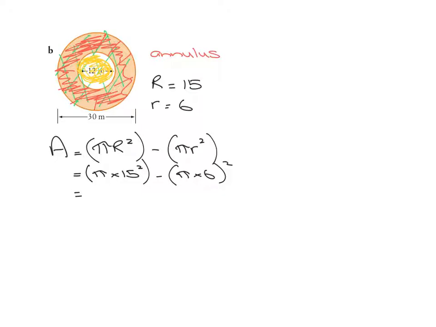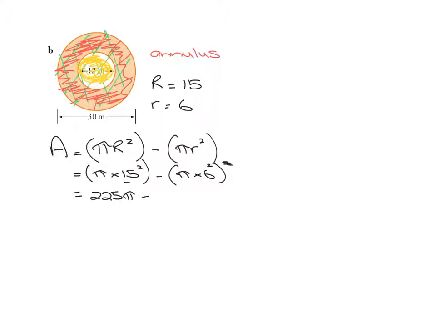Just as a little side extra, you don't have to do this unless they talk about exact form, but 15 squared is 225, so in actual fact that is 225 pi minus 6 squared times pi, whoops, that square should be in there.